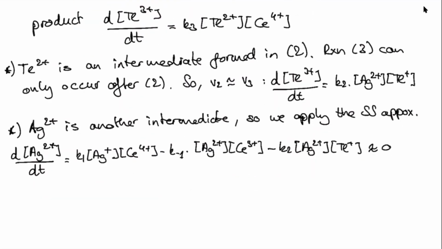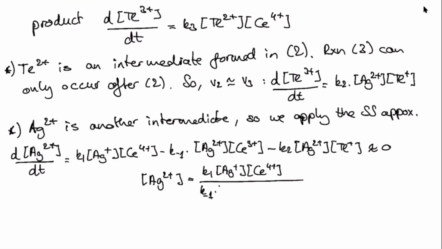Okay, so from this we can write Ag2 plus is K1 Ag plus Ce4 plus over K minus 1 times Ce3 plus plus K2 Tl plus.